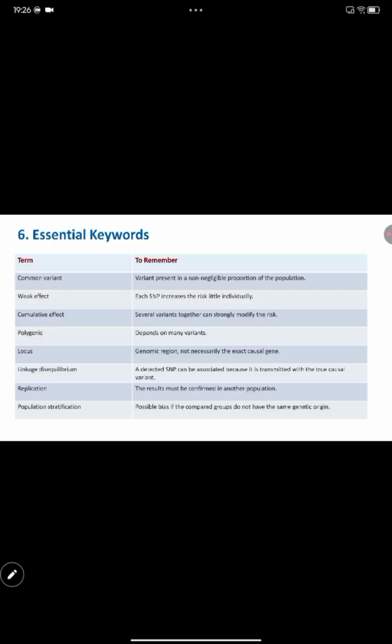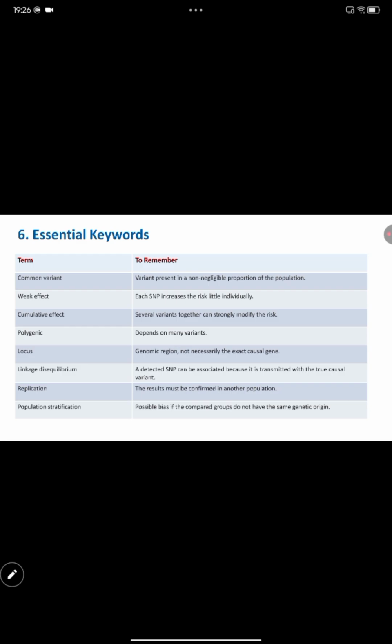Here are some essential keys you need to remember when dealing with any GWAS study. A common variant is present in a non-negligible proportion of the population.